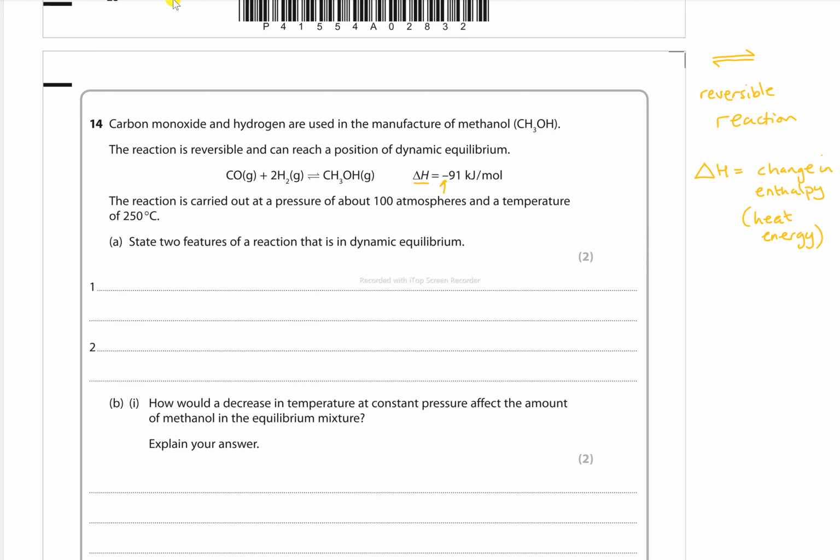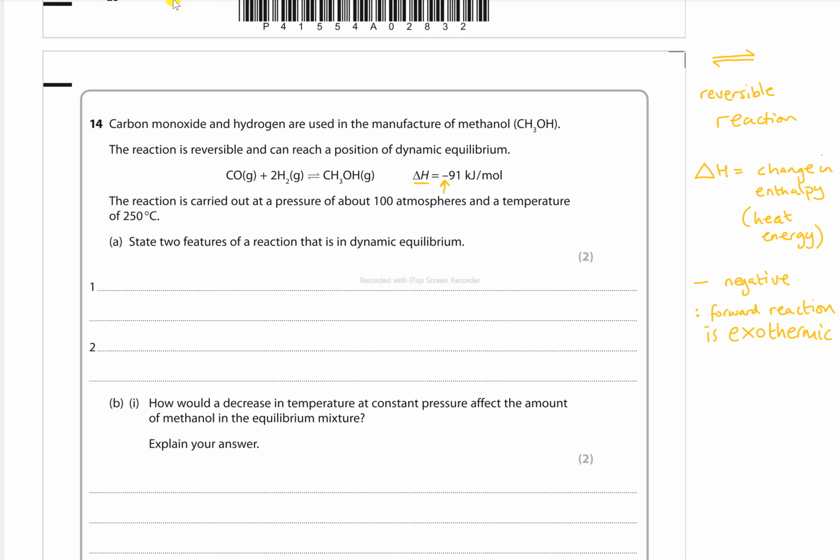This minus or this negative sign tells you the forward reaction. So we're going to write this down, yeah. The forward reaction is exothermic. Right.